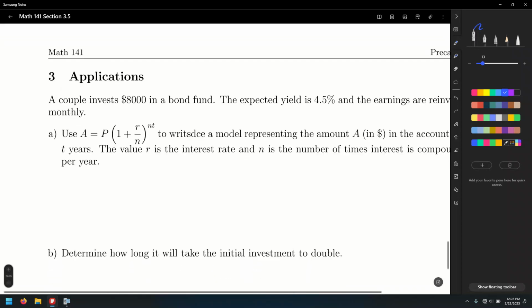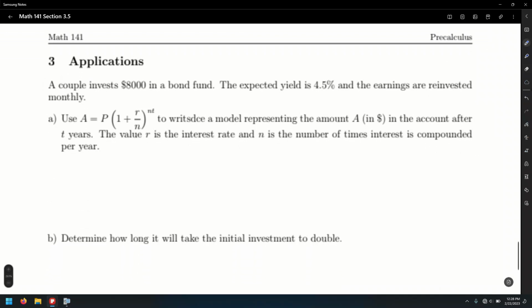So how about we do an application? An application to compound interest. But didn't we do that already? Yes, we did.